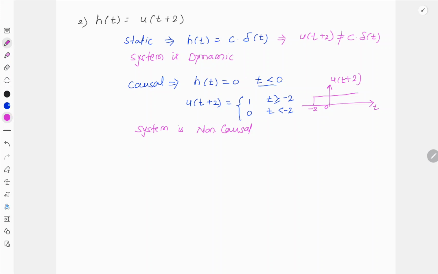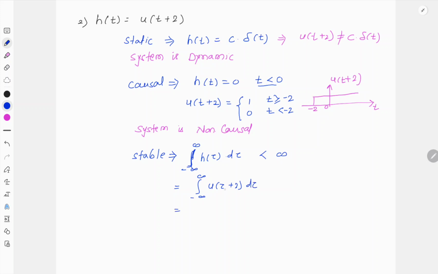Now the third classification is for stability. A system is said to be stable if we integrate the given function h of tau d tau and its value is less than infinity. So if we integrate the given impulse response from minus infinity to plus infinity, u of t plus 2, now t becomes tau, so it is represented in terms of tau, d tau.